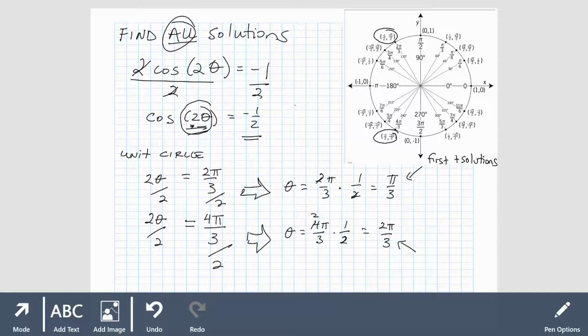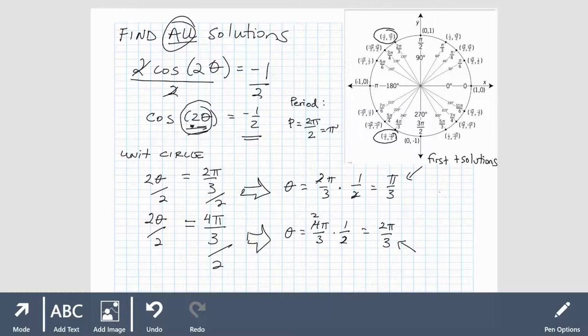If you remember, when identifying the period of a function, the period is going to be equal to 2 pi divided by whatever the b value is inside. In this case, my b value is 2, so my period is 2 pi over 2, or just pi. So here basically I'm going through the cosine function twice as fast. I'm going through the entire function within pi radians instead of within 2 pi radians.